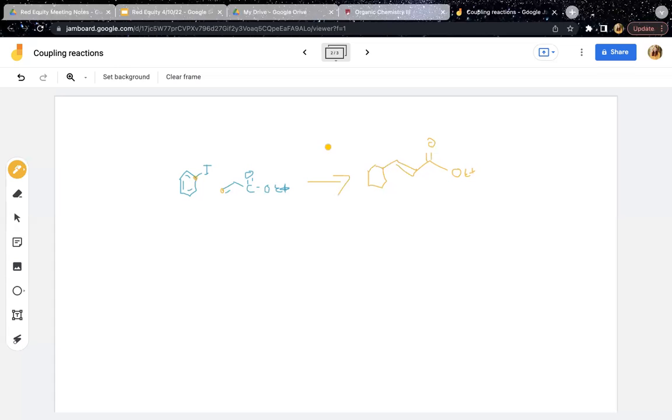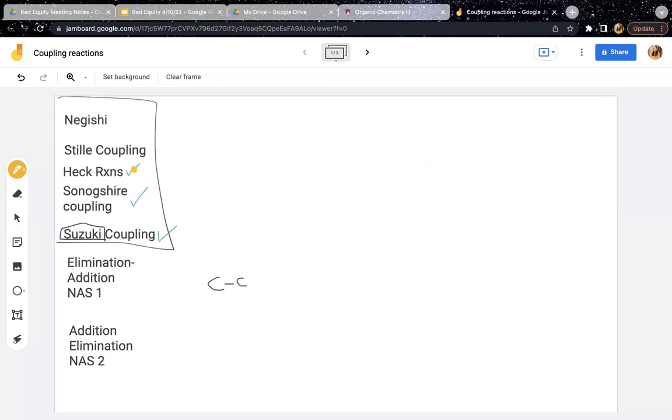So it's just come together and you use palladium 0 for this. So this is a Heck reaction. And like I said, we're not going to go over it in more detail because it doesn't use metal. So there's that one. So we'll draw a little check mark again.